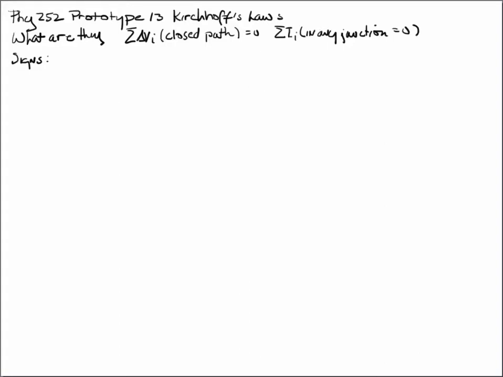For a source of EMF, if I trace in the direction from positive to negative, then the sign of the EMF is negative. If I move in a direction from negative to positive, then the sign is positive.